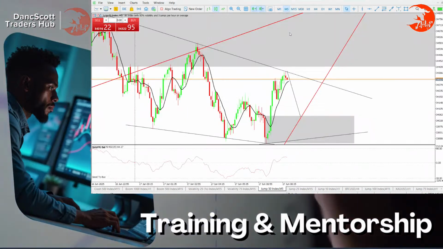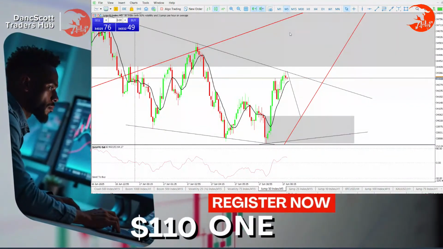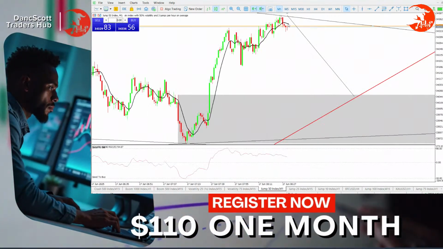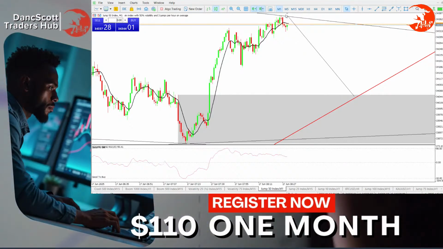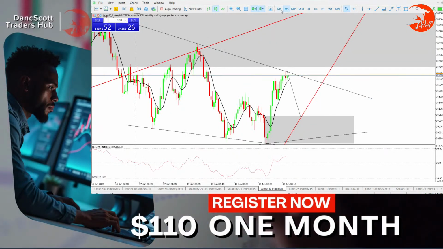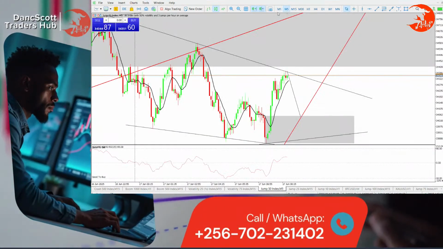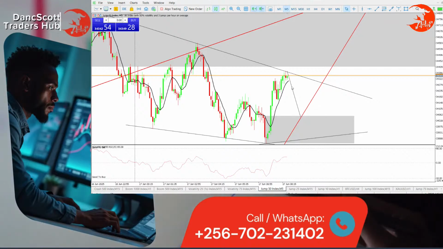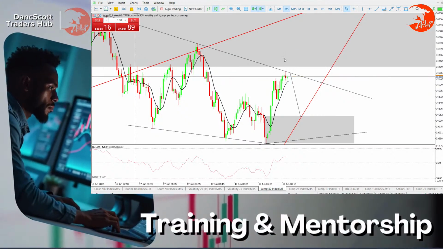So let's go to M5. Are we ready to sell this? Not really. M1 is also not ready, so we can wait and get a sniper entry on M5 and M1. That's where we're going to get the entry from and be able to sell this, so that you don't have to risk a big stop loss.